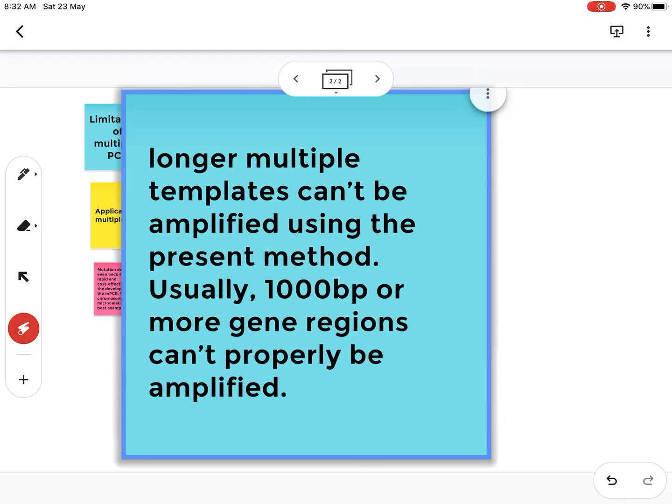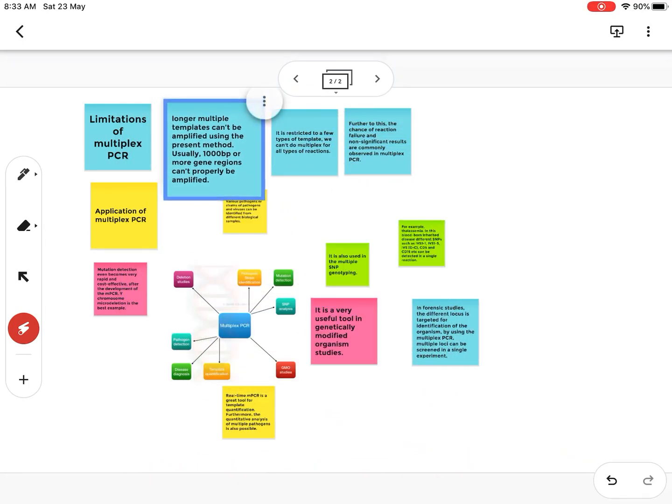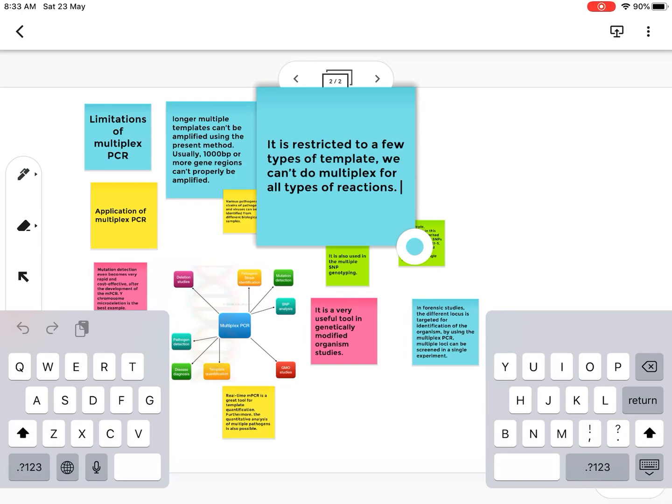Usually 1000 base pair or more gene regions can't properly be amplified. So this is one of the important limitations of multiplex PCR, where we cannot amplify longer DNA, since the number of cycles are reduced, and as a result there may be chances of truncated amplification. So this is a major drawback.